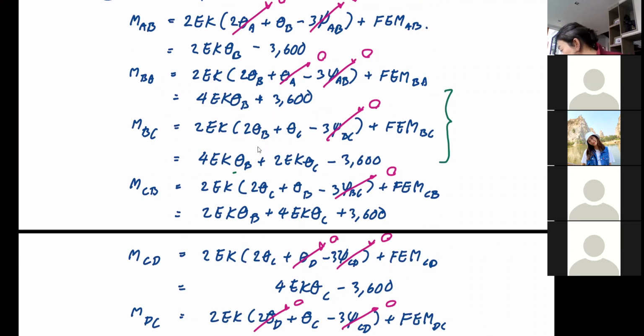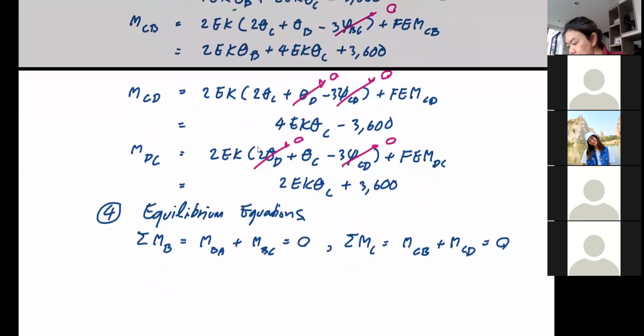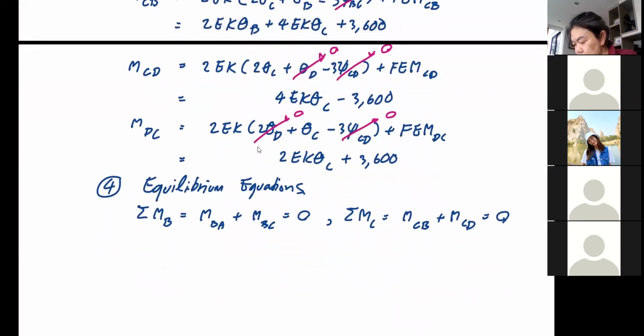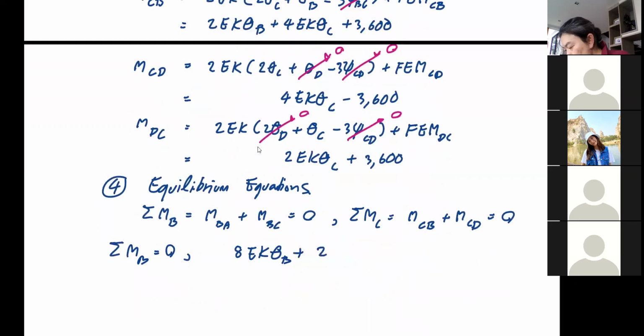So sigma MB equal to 0 gives 8EK theta B plus 2EK theta C equal to 0.